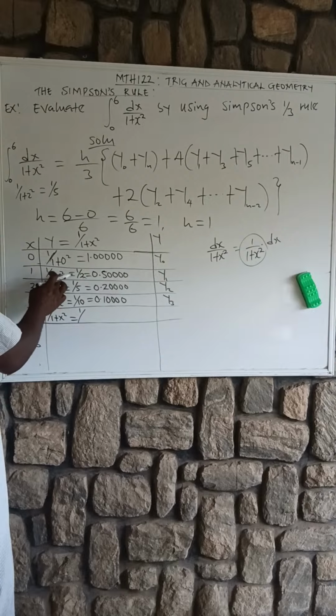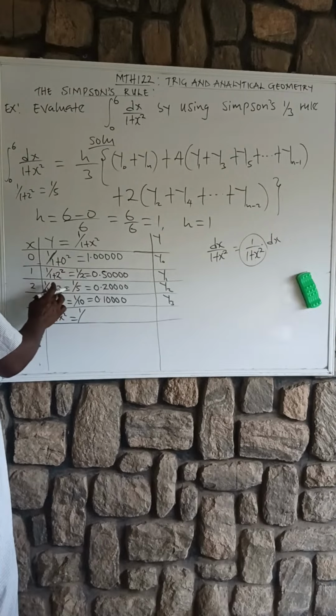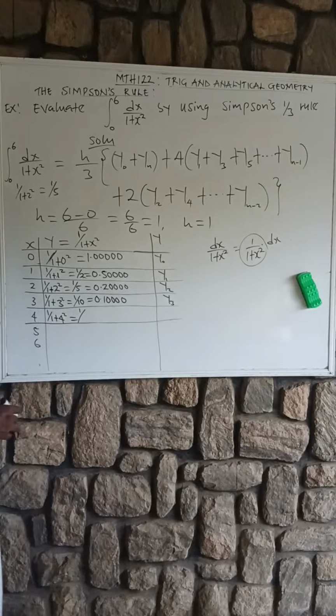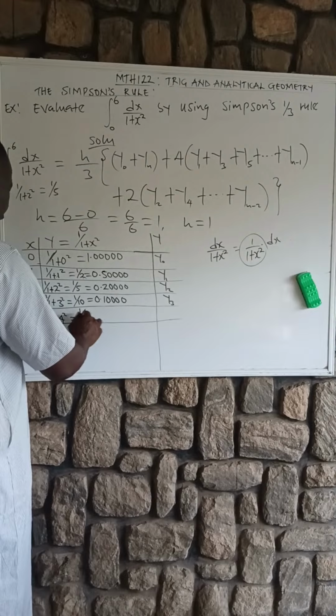Okay, so let's do it this way. Put 1 squared, raised to the power 1, then here is raised to the power 2, here is raised to the power 3, here is raised to the power 4. Right? So here will be 16 plus 1, 17.